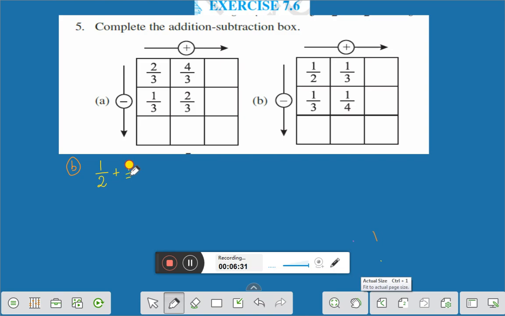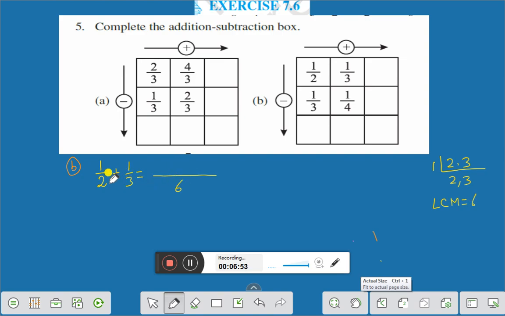What are you getting? Find the LCM of 2 and 3. What is the LCM of 2 and 3? Here we are finding the LCM, that is 2 and 3. Therefore LCM is equal to 2 into 3, that is 6.